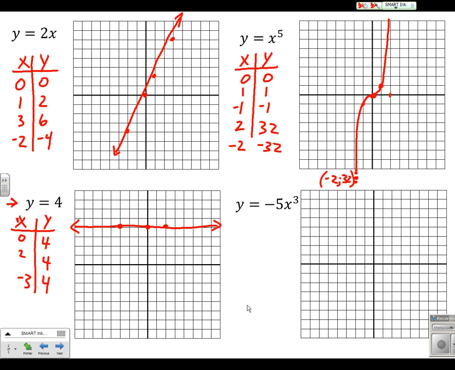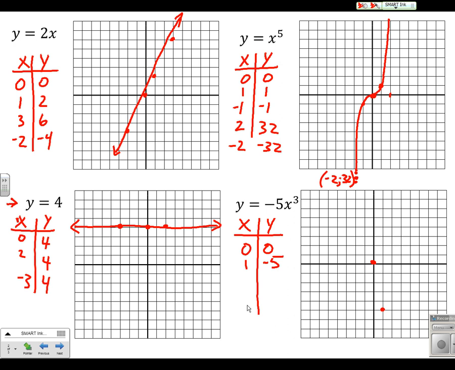Okay, now y equals negative 5x cubed. When x is 0, 0 to the 3rd is 0 times negative 5 is conveniently 0. And when x is 1, 1 to the 3rd, 1 times negative 5, negative 5. 1 gets me down to negative 5.